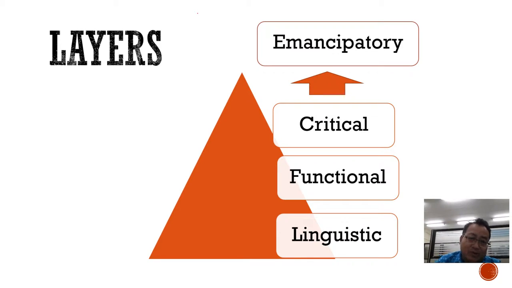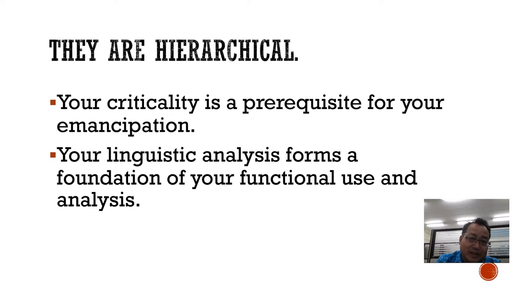Let me explain more of what I mean by layer. One thing you have to understand is that all these layers are hierarchical. Hierarchical means they are arranged in an order, starting from the linguistic layer, moving up to the strategical or the functional layer, and higher to the critical layer under the brand name critical discourse analysis.